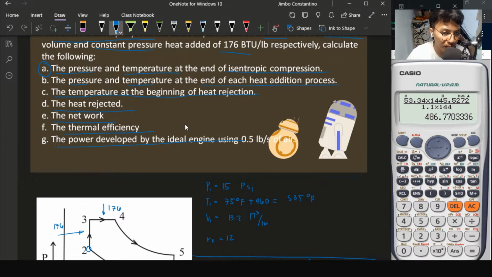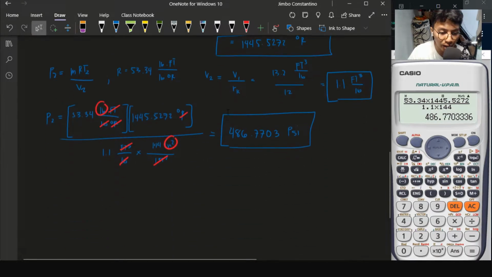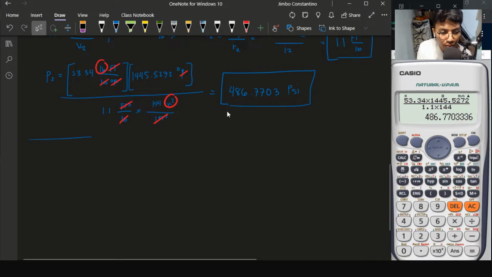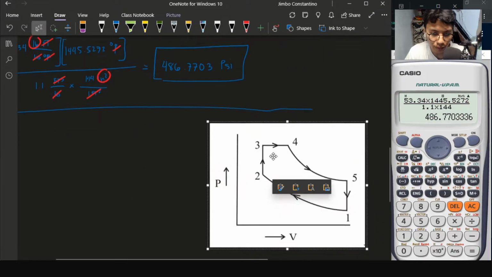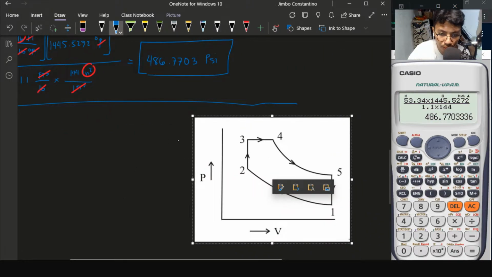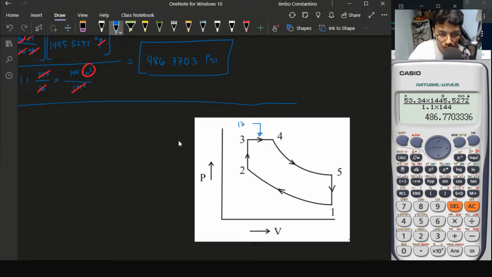The pressure and temperature at the end of each heat addition process. Paste ko ulit dito. Meron tayong 176. Meron tayong value nito. Ano na lang yung sa 3? Kunin natin.